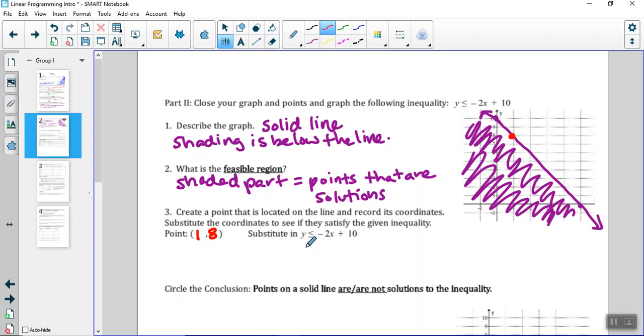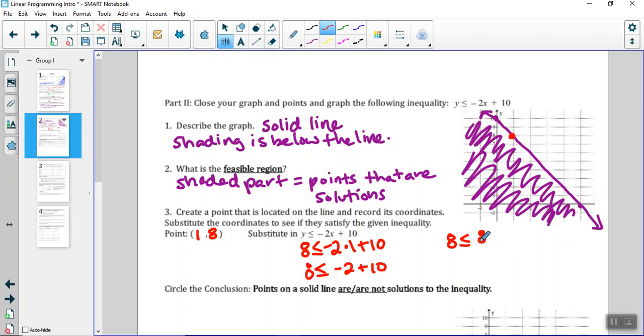So my y is going to be 8 is less than or equal to negative 2 times 1 plus 10. I get 8 is less than or equal to negative 2 plus 10. And finally, 8 is less than or equal to 8, which is true because one of the choices is equal to. So 8 is equal to 8.